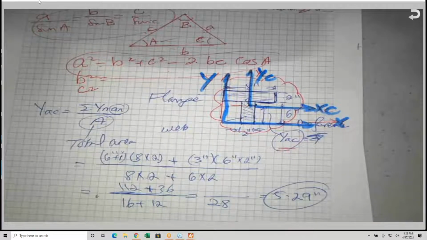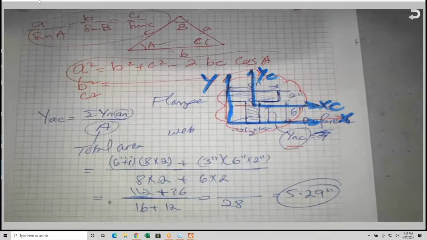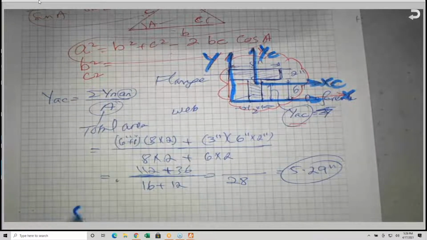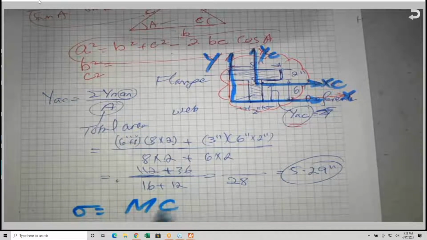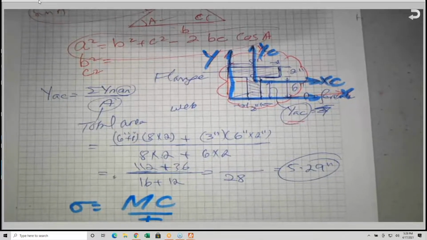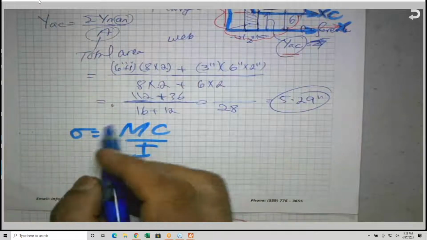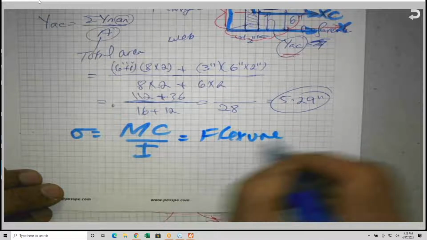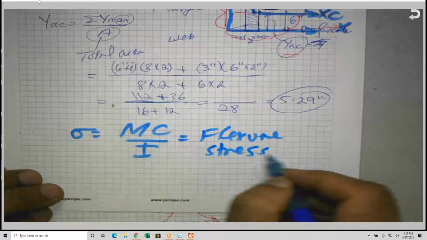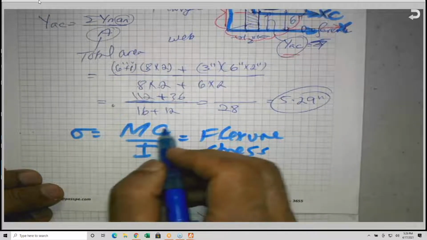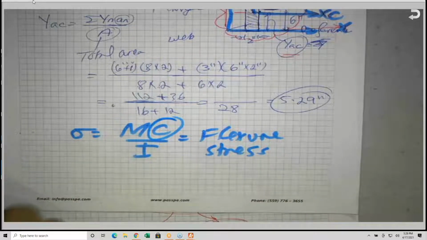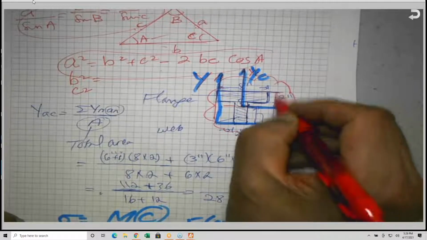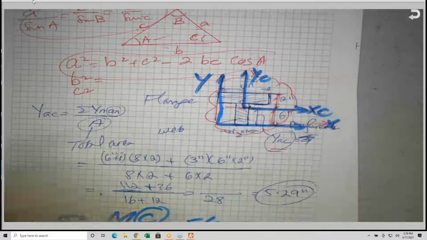And later on, in the next chapter, Mechanics of Materials, we'll talk about sigma equals MC over I, the bending stress or flexure stress, a very important equation. This C is a distance measured from the centroid to the top or to the bottom of the section.